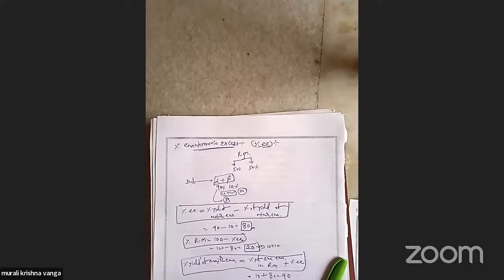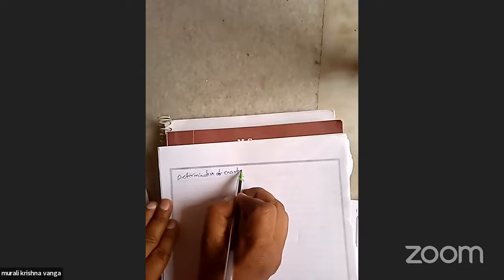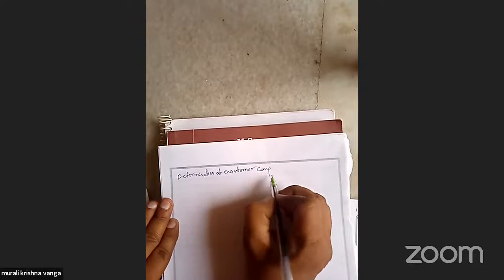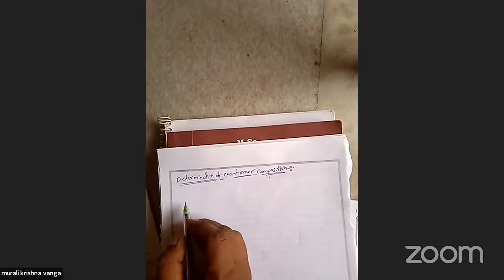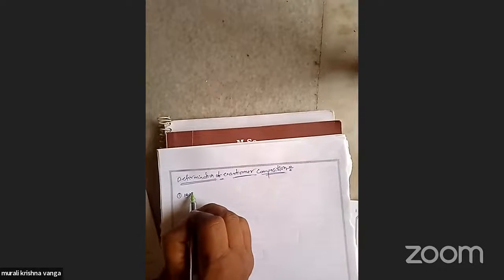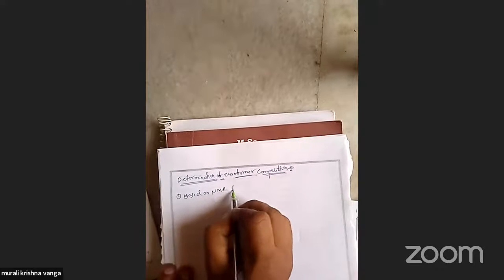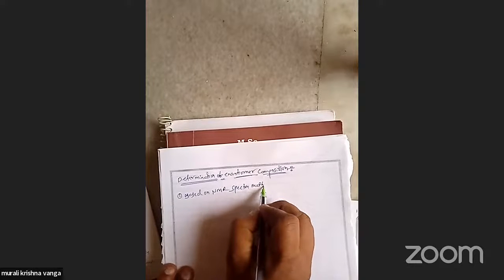Determination of enantiomer composition by NMR spectroscopy methods, based on the NMR spectra method.